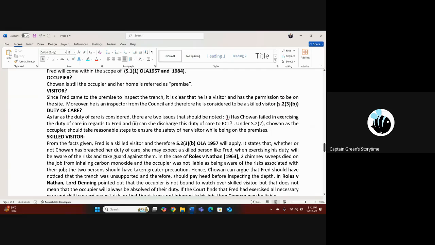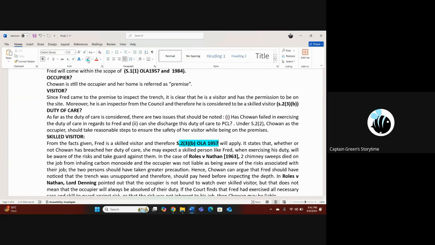Okay, the basic thing is that in order to discharge Chauhan's claim onto PCL, there will be two factors included. Whether Chauhan has made an inspection of it or not. So coming to it from the facts, Fred is a skilled visitor and therefore section 2 subsection 3 paragraph B applies.